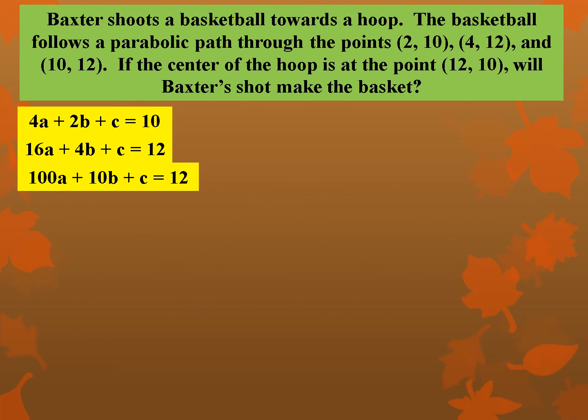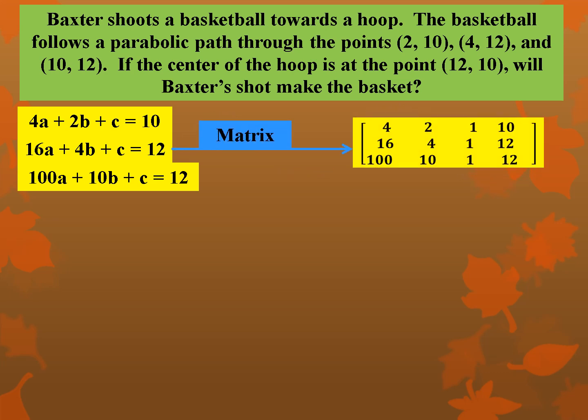Okay, let's review how we solve a 3x3 system using the matrix on our calculator. First thing we want to do is convert this into our coefficient matrix. So remember, to do that, your equation needs to be in A, B, C order. A's need to be in the first column, B's in the second column, C's in the third column, and then your constants on the right side of the equation need to be the fourth column.